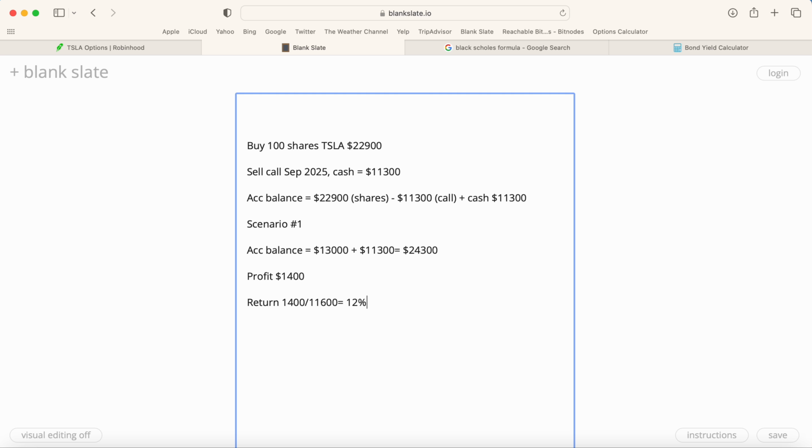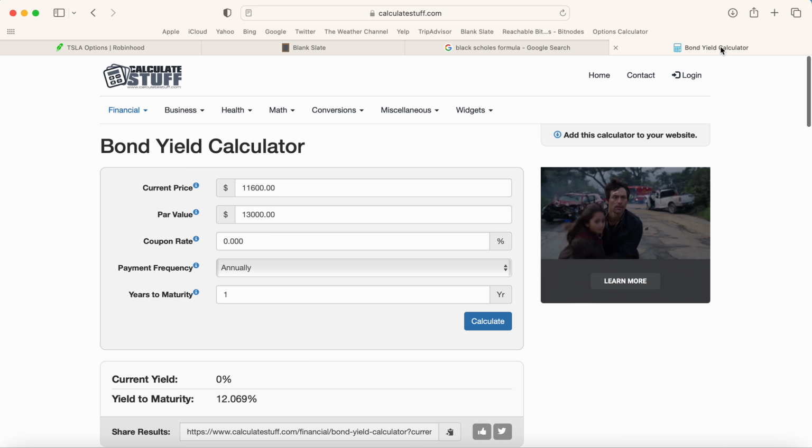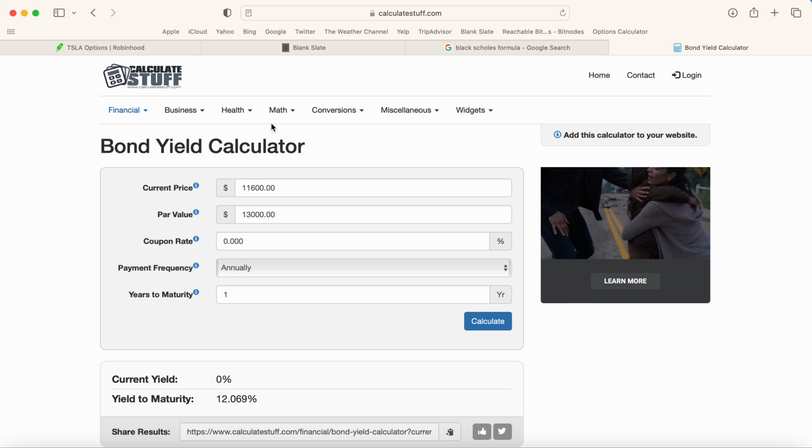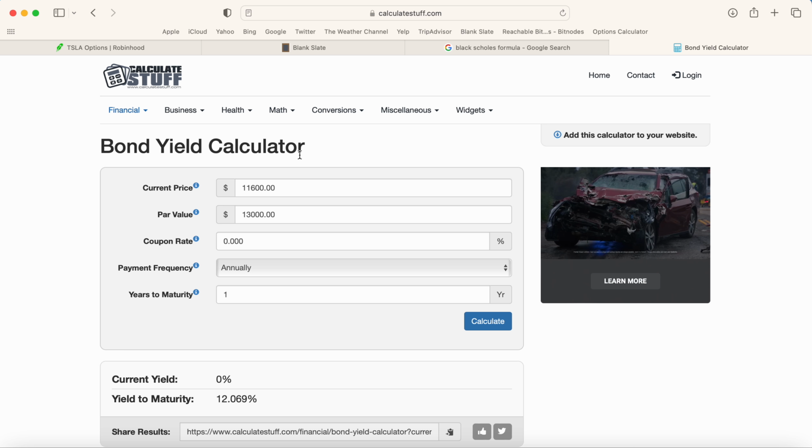Again, why is this the case? Think of this portion of the transaction as a bond. If you are buying a bond, you are paying less money, but at maturity, you're receiving more money. You're receiving what we call the face value of the bond. And I have here a calculator. Basically, this calculator is a bond yield calculator.